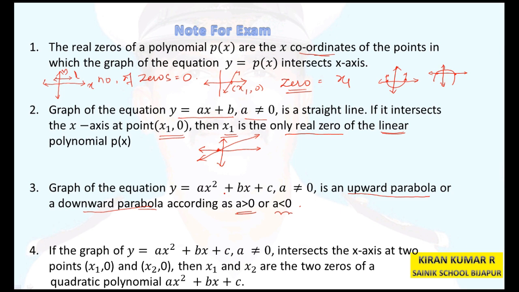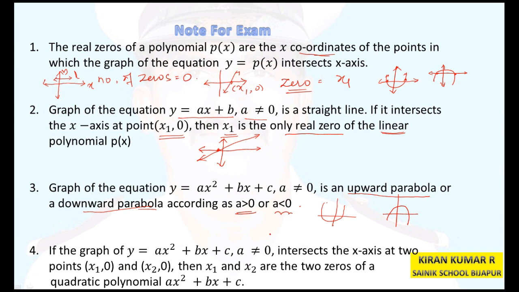Linear equation in one variable and linear equation in two variables. Understood? If the value of a is greater than 0, we get this type of graph, upward. If the value of a is less than 0, we get an inverted parabola. These two are parabolas.